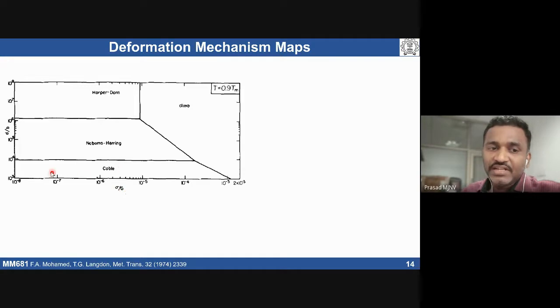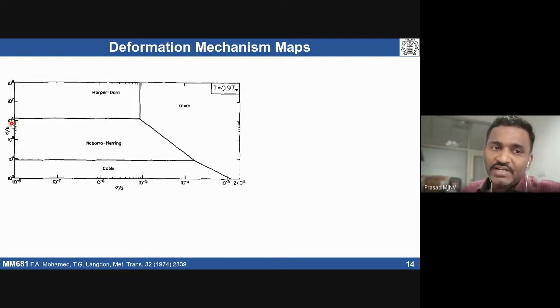At higher stresses, dislocation creep is the dominant mechanism. At low stresses, diffusion creep mechanisms come into the picture.